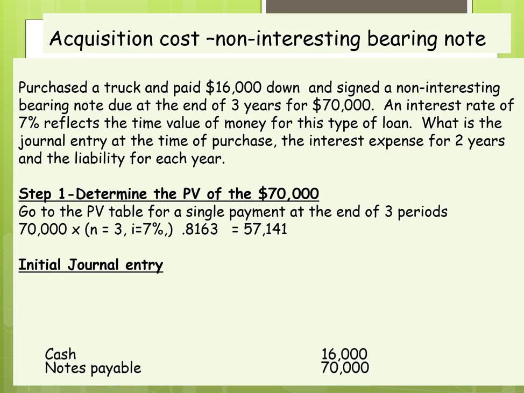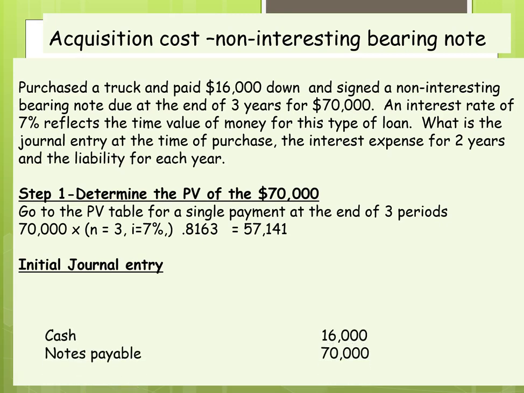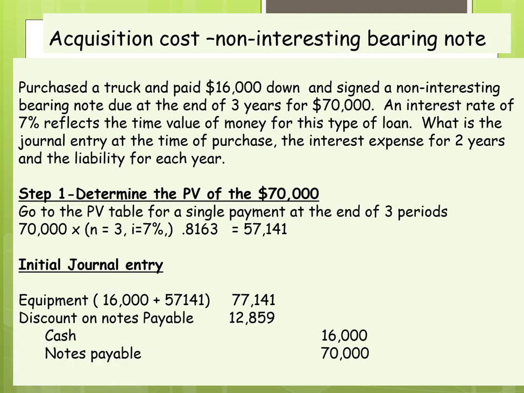So now I book the cash and the notes payable. The equipment is the $16,000 plus the net present value of the non-interest bearing note, and the difference is going to be discount on notes payable.